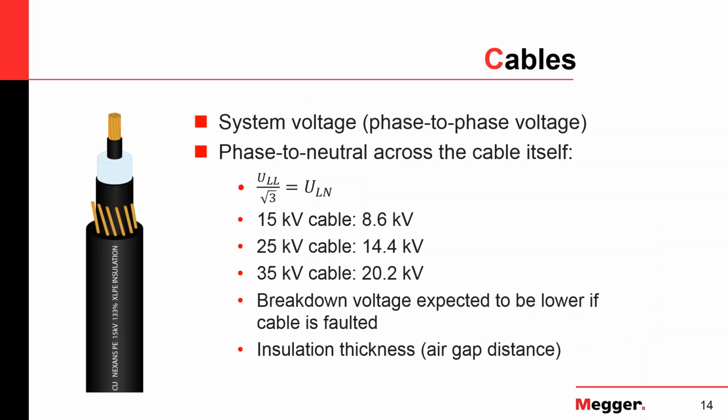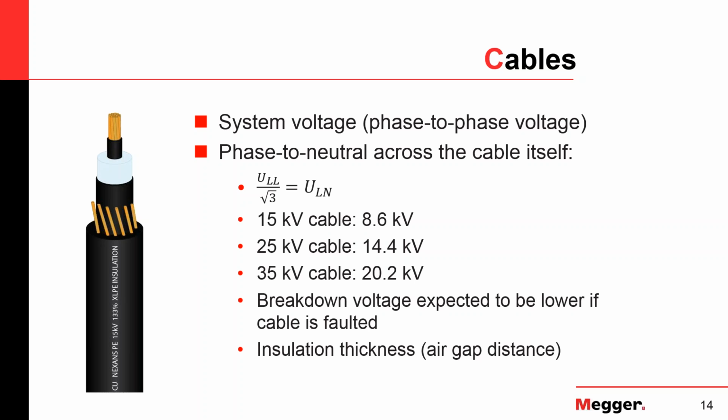Just speaking in general, so we have an understanding what we're actually talking about here. When people say, for instance, 15 kV cable, everything in the power industry is always rated 3-phase. Nameplates typically refer to 3-phase. So that means this 15 kV is actually a system voltage, a phase-to-phase voltage.